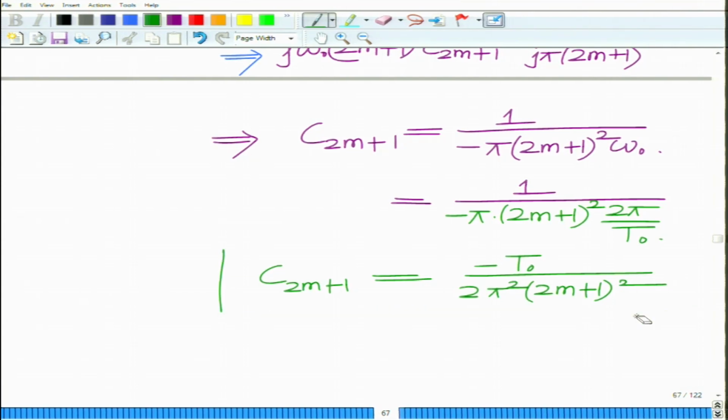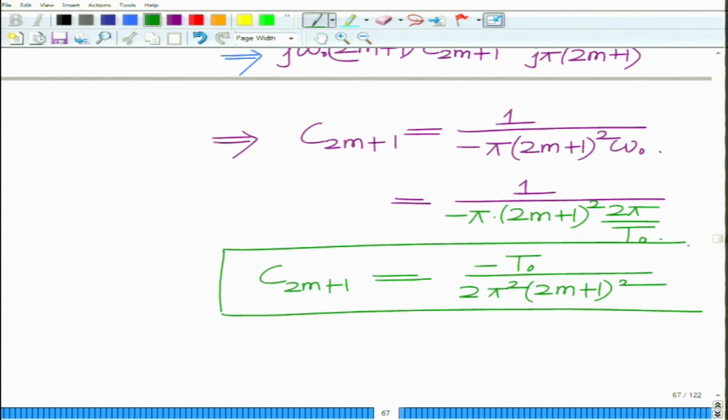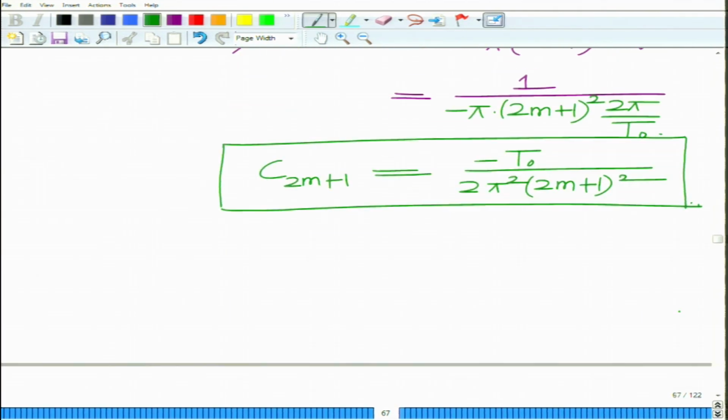So, this is the result relating to the coefficient C of 2m plus 1, and C k is 0, by the way, if k is even. Okay.